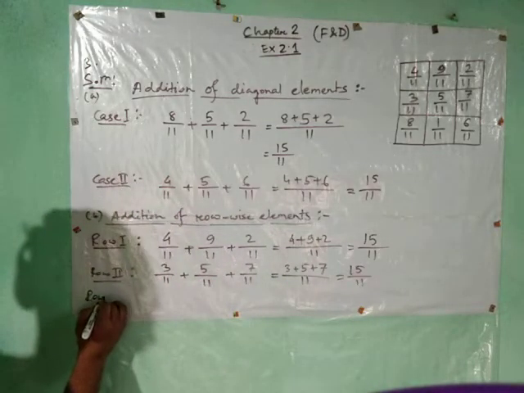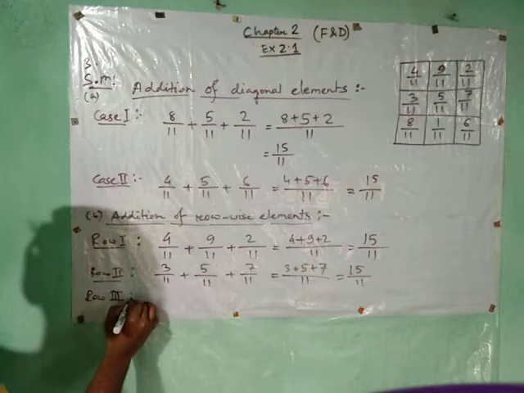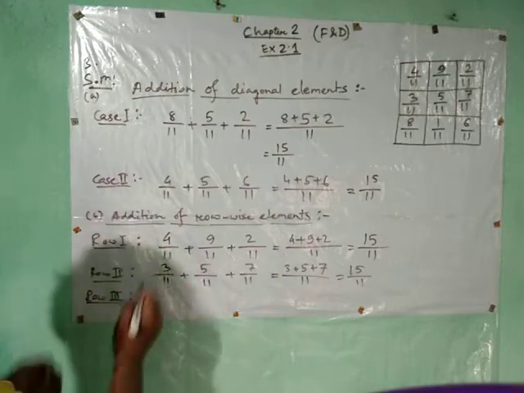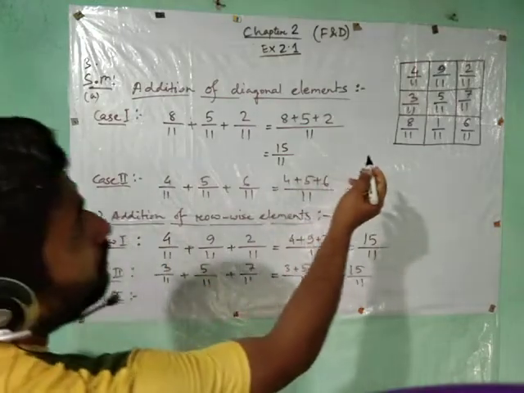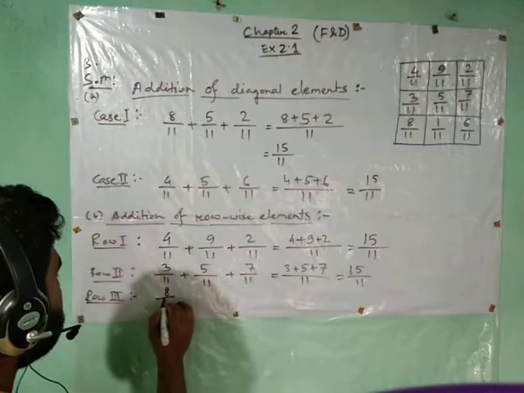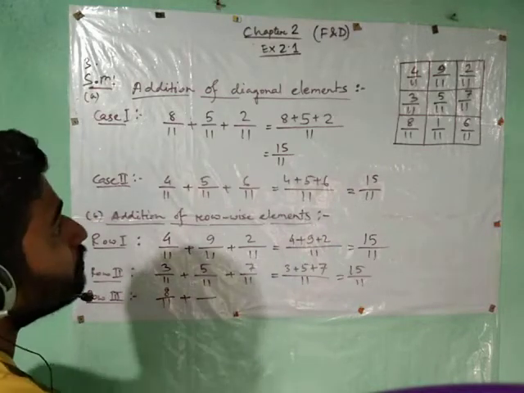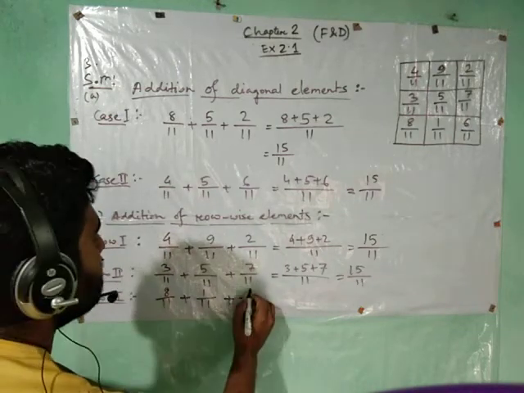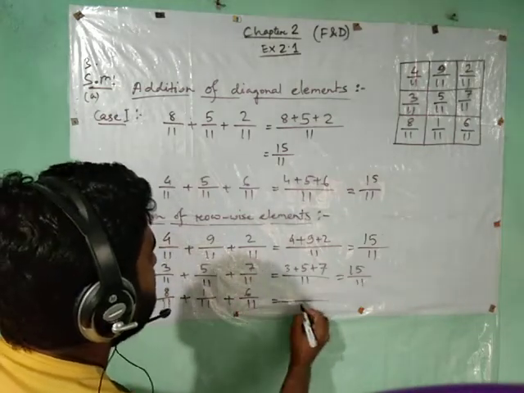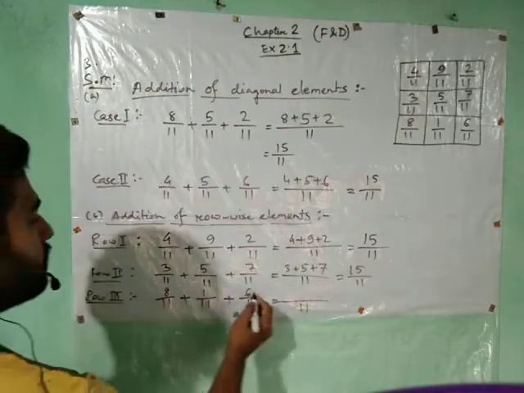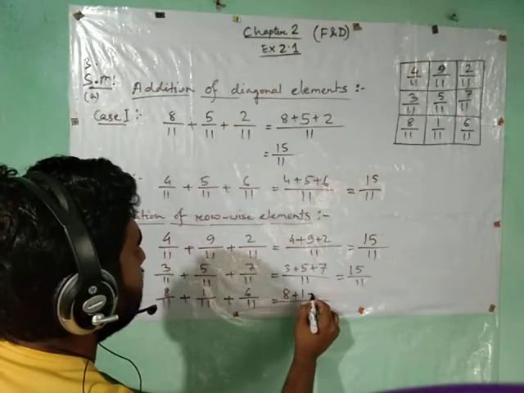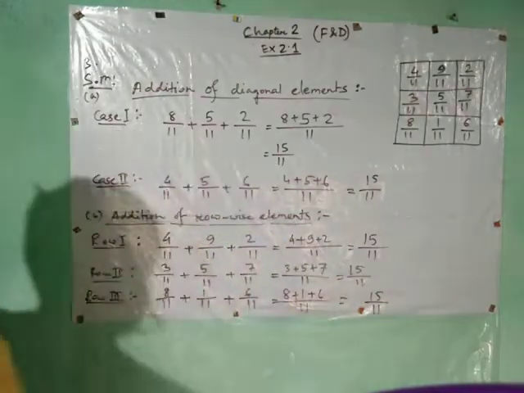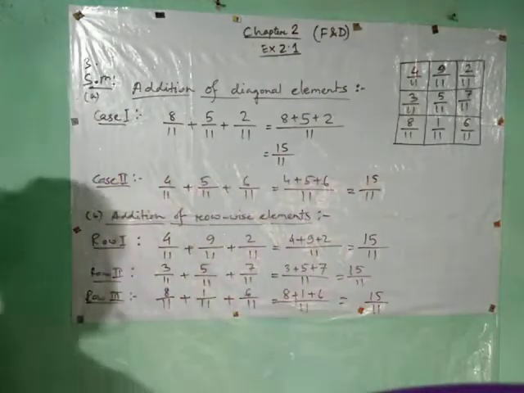Now row 3: 8 by 11 plus 1 by 11 plus 6 by 11. If we add them, 8 plus 1 plus 6, here also you will get 15 by 11 only. Up to here, everywhere I am getting 15 by 11.